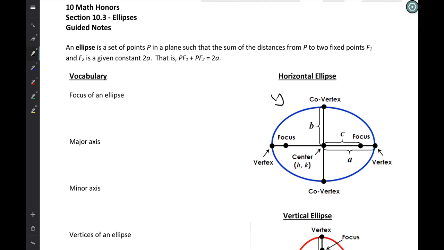We want to go through and talk about what the focus of an ellipse is. So this is the fixed point from the definition. One of the two fixed points. And it's c units from the center.